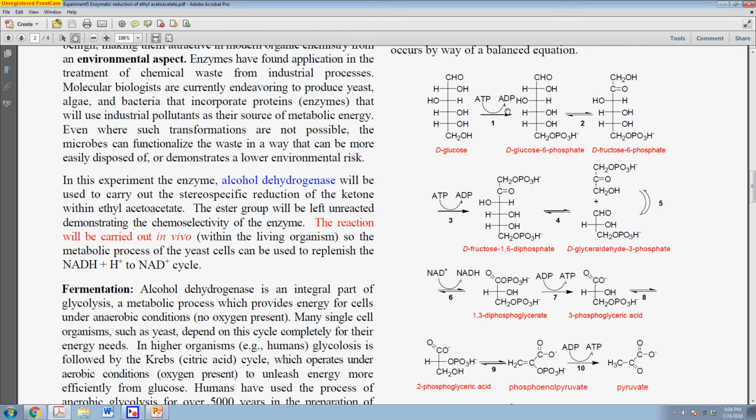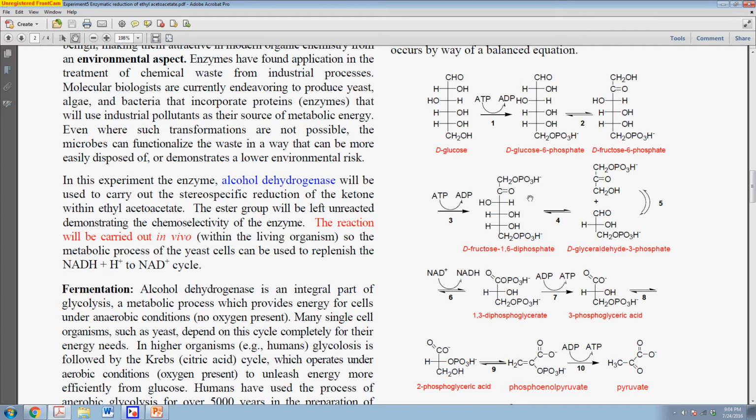So that does a few things. First of all, it traps the glucose in the cell, and it does a variety of things. Again, this is not really the forum for going through the details of glycolysis. The second step is you have an isomerization of this aldehyde to a ketone.